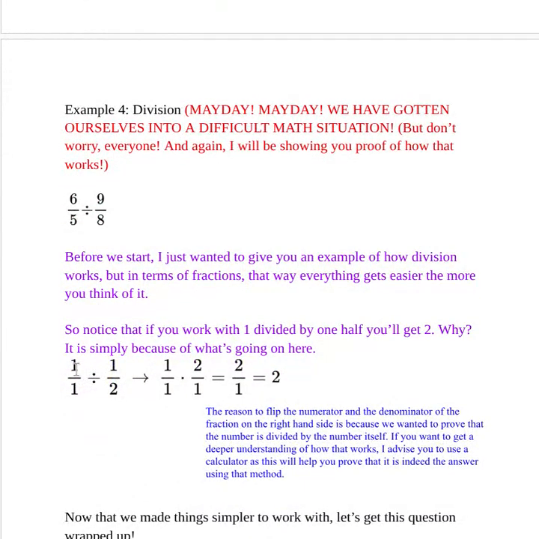So we have 1 divided by 1/2. If you do it on a calculator, you get 2. But what is that? Well, I'm glad you asked. For 1 divided by 1/2, we simply flip over the numbers in the second fraction, which is what helped us get 2/1, which equals 2.